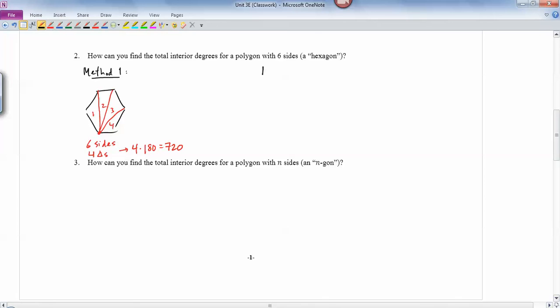In method 2, I got a hexagon, 4, 5, 6. Pick a point in the middle, and then connect that point to every corner, and form triangles. So in this case, I've got 6 sides, 6 triangles, with the extra 360 degrees in the middle.